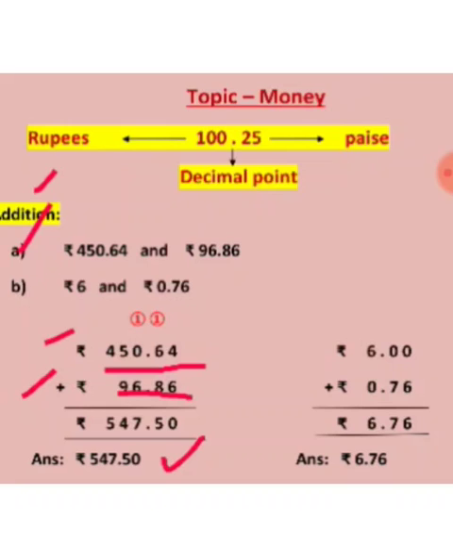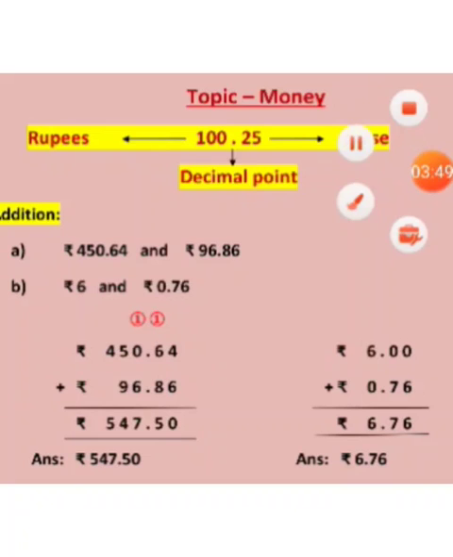So what is the difference between addition of decimal and addition of money? There is only one difference. In case of money you will write the unit, rupees, positively.